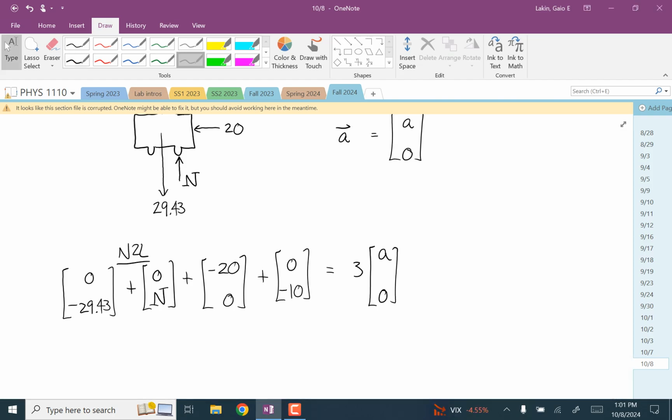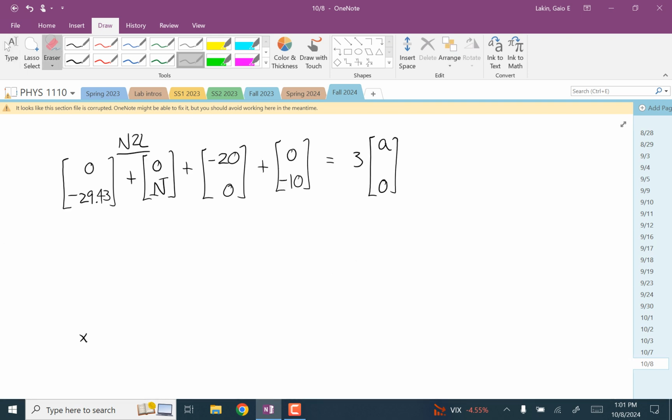Okay, so we have the x equation says 0 plus 0 minus 20 plus 0 is equal to 3a. And so a is equal to, that should be negative 6.6 repeating, I think.